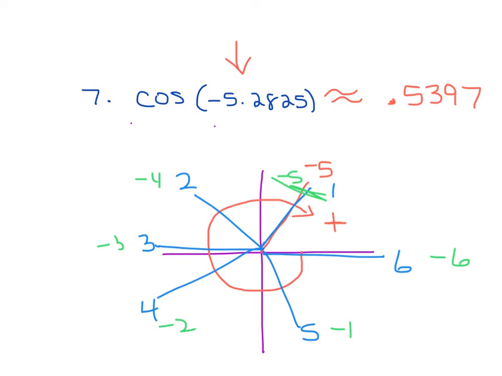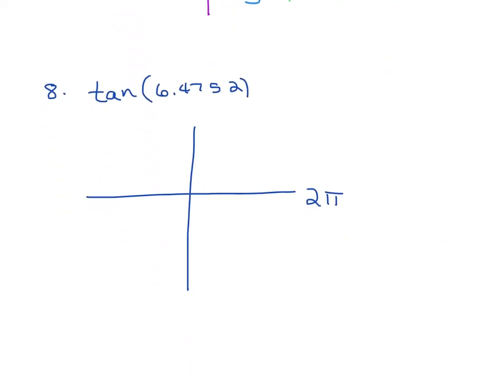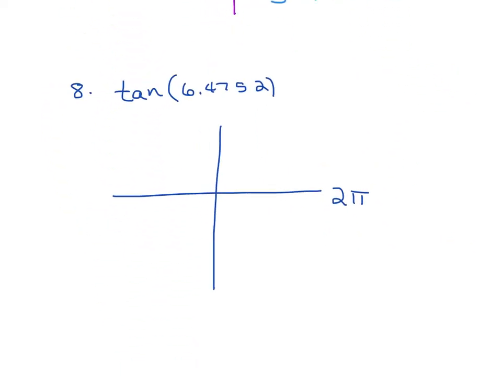For number 8, this is about 6.4 radians. Now remember that pi, the approximation that you were used to in geometry, was about 3.14. So if you times 2 times 3.14, you got 6.28. So that full circle is about 6.2, almost 6.3 radians.